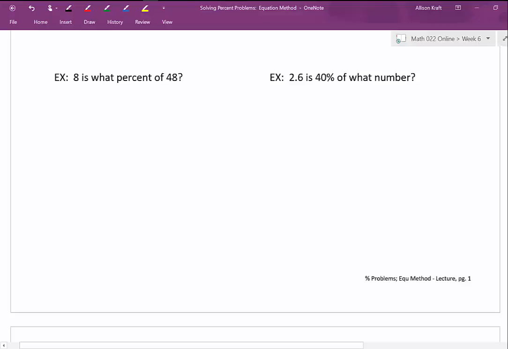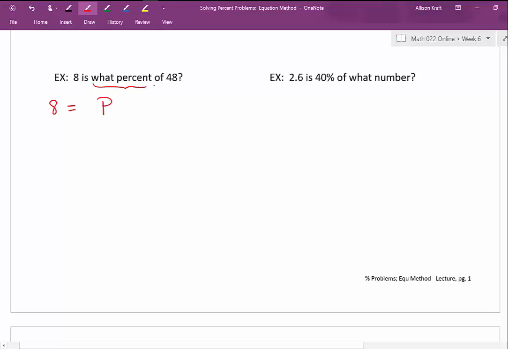Our next example says 8 is what percent of 48? We start with 8. Is means equals. What percent? That's our unknown. Just like in our previous example, in our previous section, I'm going to use P to represent the unknown percent so that I remember at the end to convert my answer into a percent.